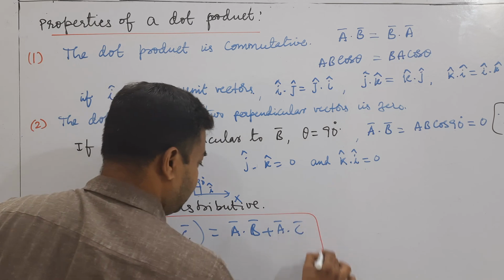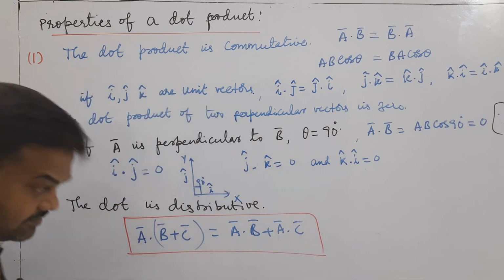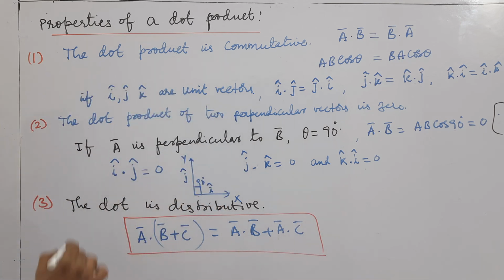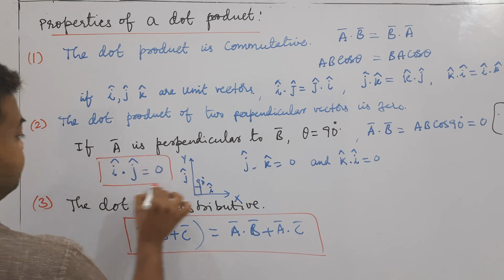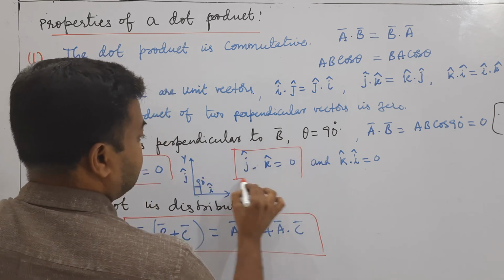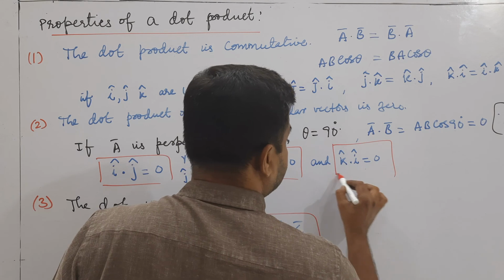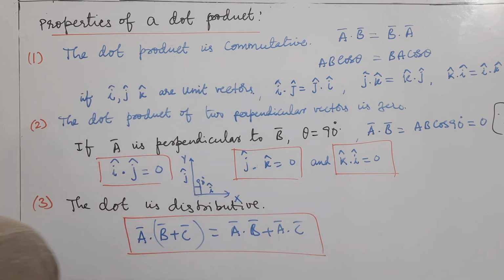This also obeys the distributive law. Like this, we have some properties. This one is very important. First, you write all the things. Distributive law. Okay, these are some properties here. You can write some more properties.